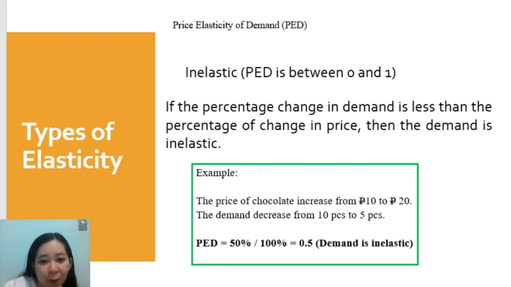Using our formula, percentage change in quantity divided by percentage change in price, our coefficient is 0.5. Again, that is between 0 and 1. So we will consider this demand as inelastic.